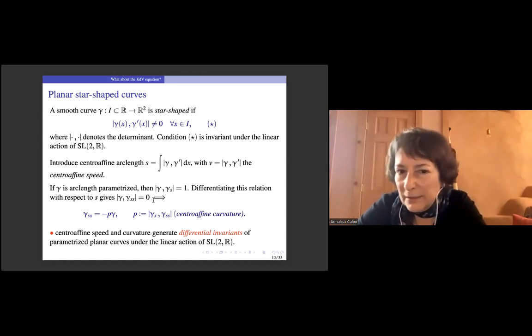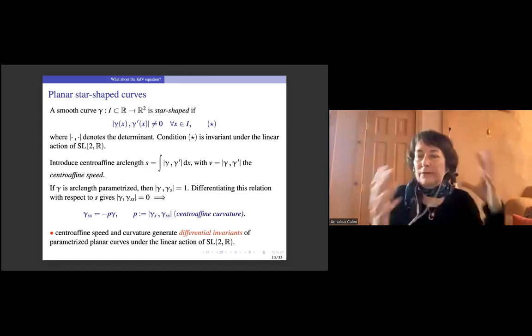If I differentiate it with respect to the arc length parameter, this gives rise to a geometric invariant because the acceleration now has to be parallel to gamma. So it will be some multiple, p, a function of s, times gamma. This p, which is itself expressible as a determinant, is called the centroaffine curvature.